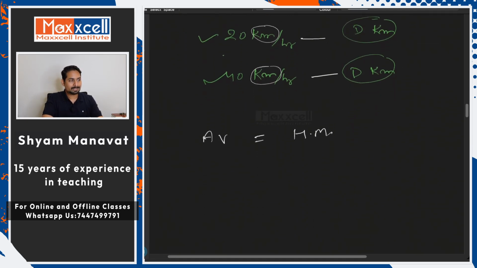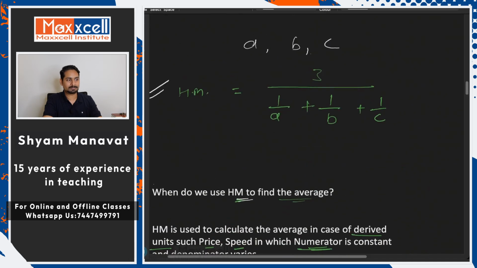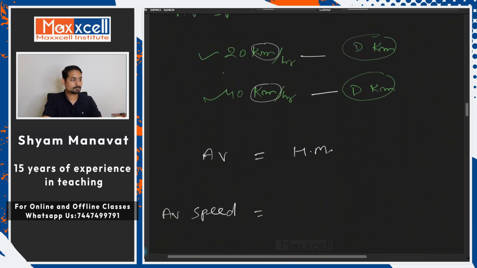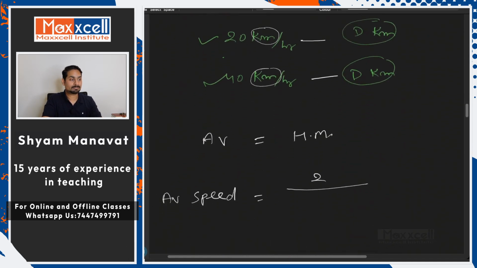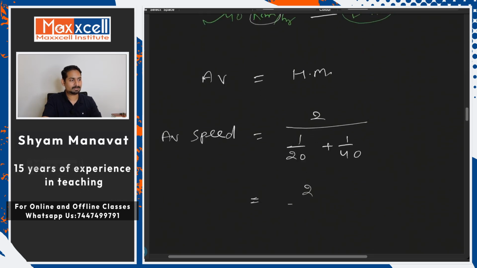So if I need to find the average speed in this case, the formula is the number of observations, which is 2, divided by the sum of their reciprocals. So 1 upon 20 plus 1 upon 40. Cross multiply, I will not waste much time on the simplification, we have done such simplification earlier also.